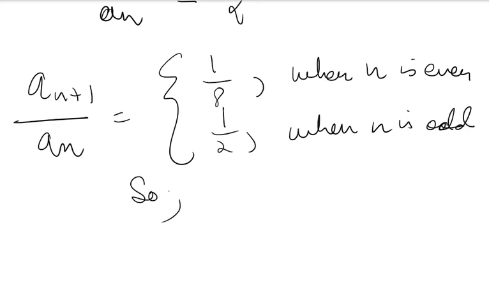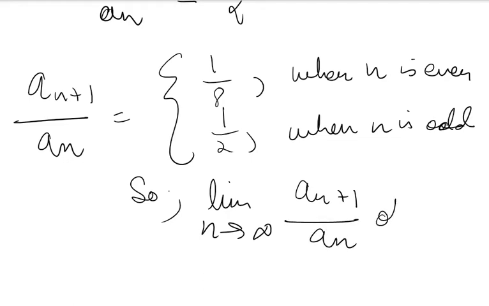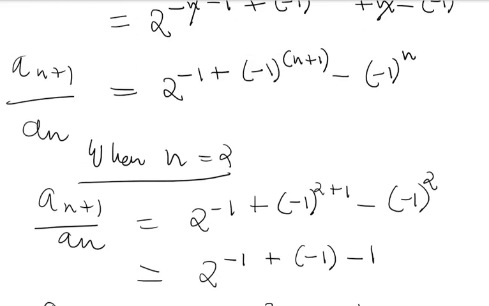So the limit as n tends to infinity of a(n+1) by a(n) doesn't exist. So what did you understand from here?